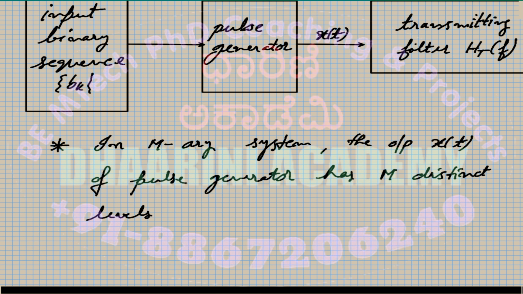So you can see, if you consider say PSK, right, sorry, if you consider QPSK, you can say that the output has 4 levels, right? Because 4 different symbols are being transmitted, and you have 4 different levels.